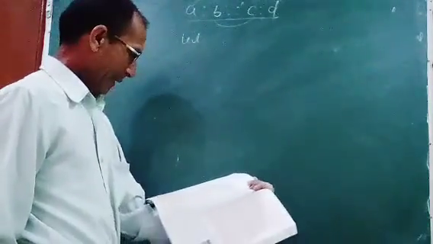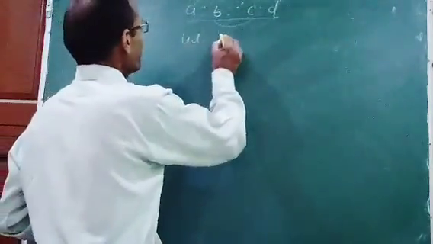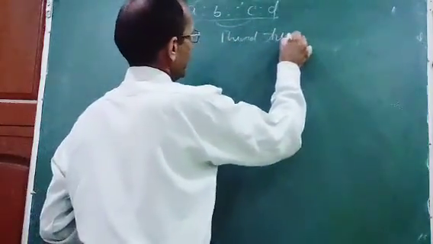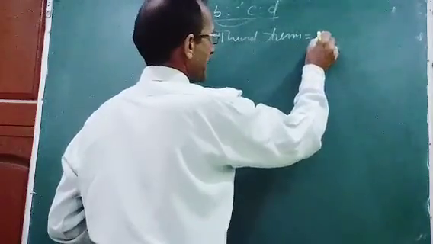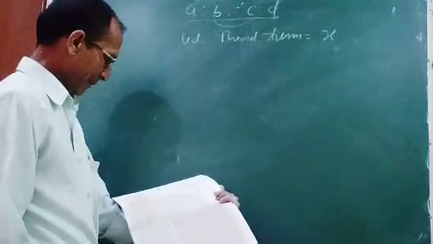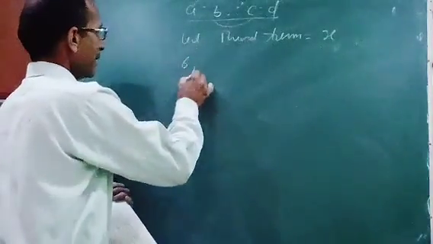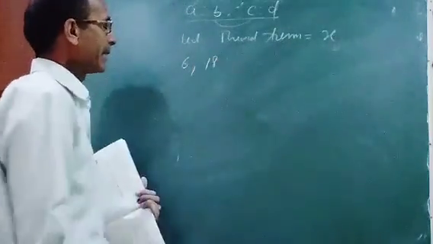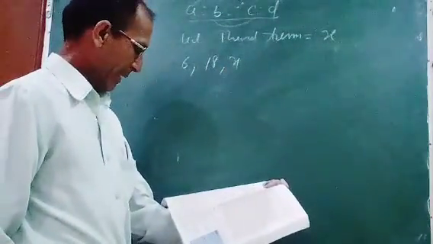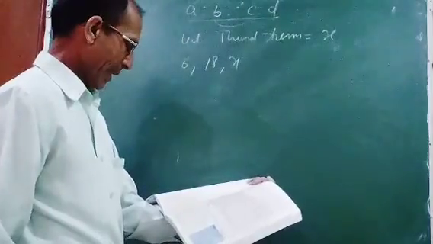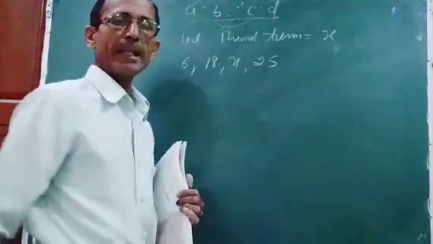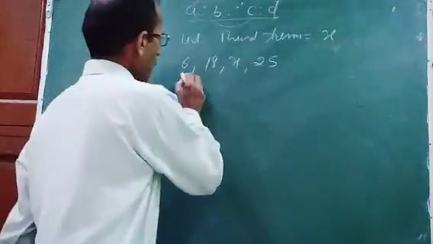Let the third term be x. The first is 6, the second is 18, the third is x, and the fourth is 25. Any doubt, any confusion? Now there are four terms.